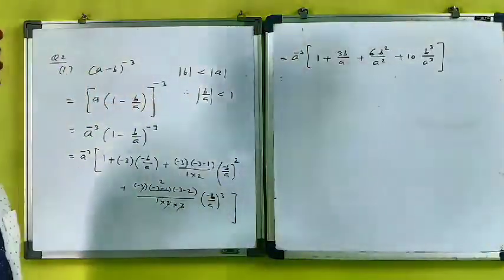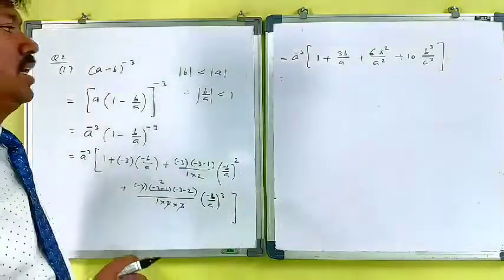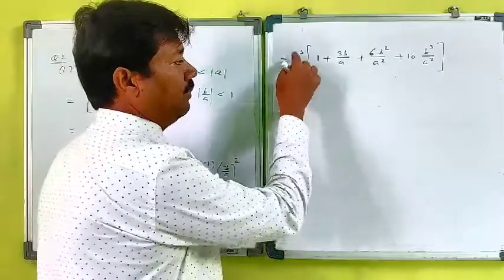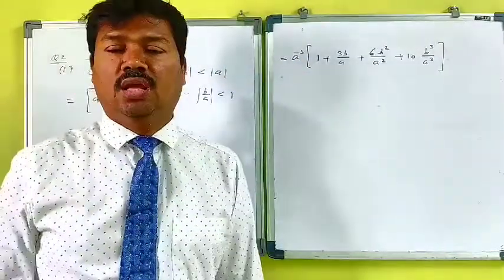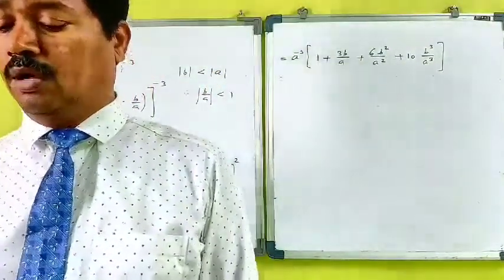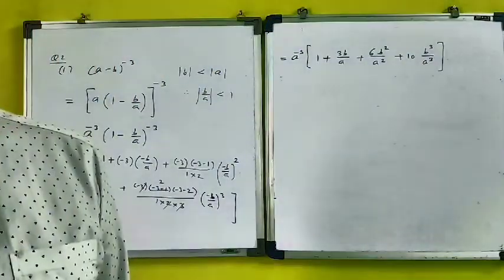This is the final expression for the first 4 terms. Since a raised to minus 3 was taken common, you can also write 1 upon a cube and multiply it in the bracket. No issue with that. So like this we can find it.